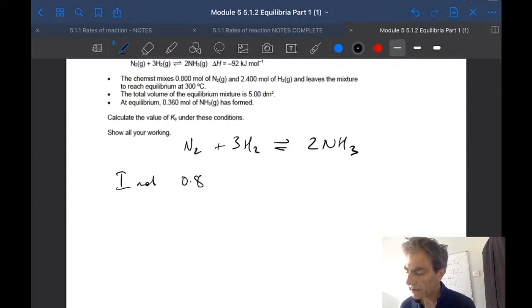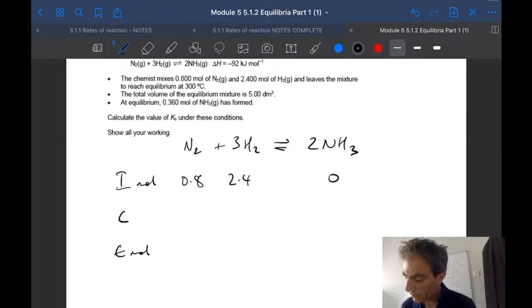Obviously, it's given as 0.800, but for the calculation, I'm not going to bother with those zeros. And we've got 2.4 moles of hydrogen. We've obviously got no ammonia initially. Change, equilibrium moles. So what does it say? It says we've got the volume.